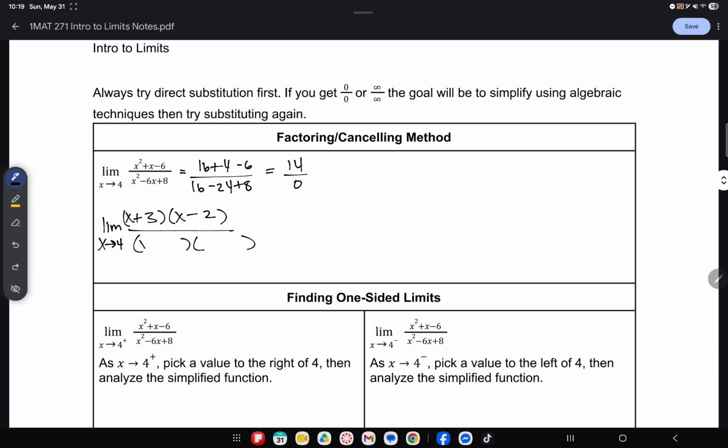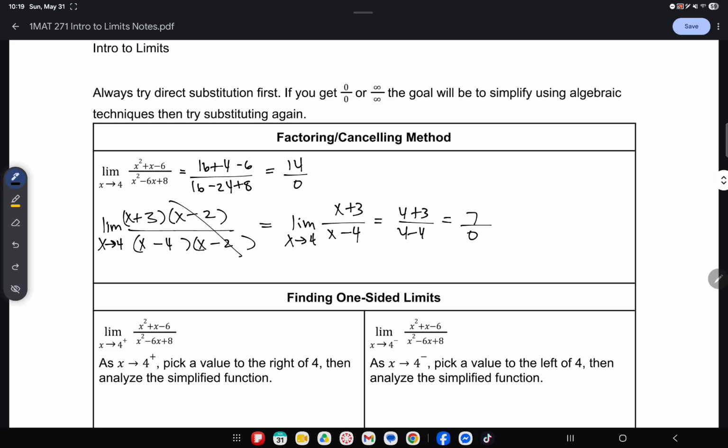And then in the bottom, 2 numbers that multiply to 8 and add to -6, so -4, -2. So, all right, I can cancel that out. I'm still not evaluating yet, so I need that limit notation. And we have x plus 3 over x minus 4. And now if I do a direct substitution, 4 plus 3 over 4 minus 4 gives me 7 over 0.